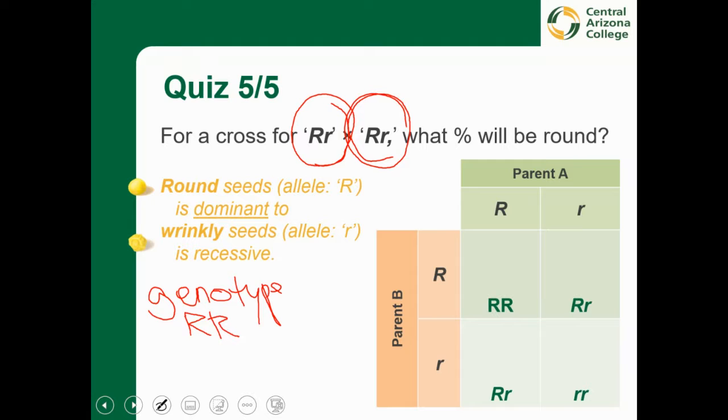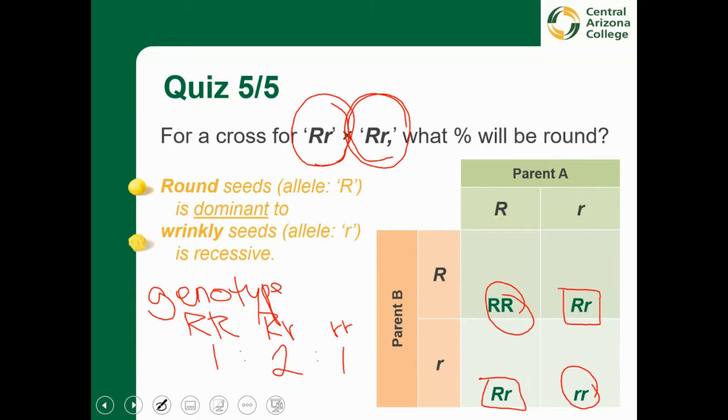So we can have a homozygous dominant, we can have a heterozygous, and we can have homozygous recessive. And what we'll notice is that while we have 1 for the homozygous dominant and 1 for the homozygous recessive, we actually have 2 for the heterozygous outcomes.